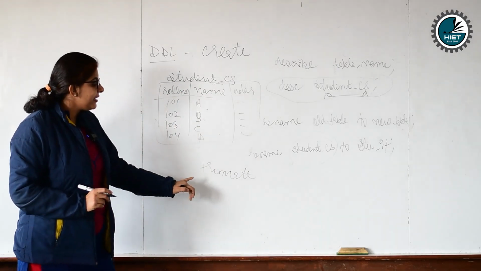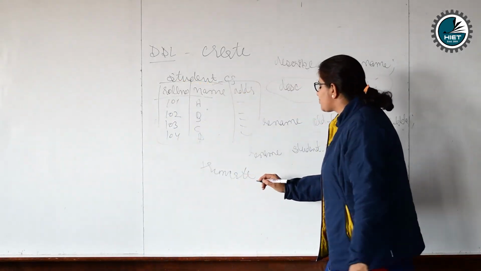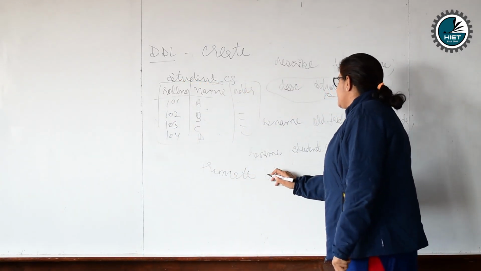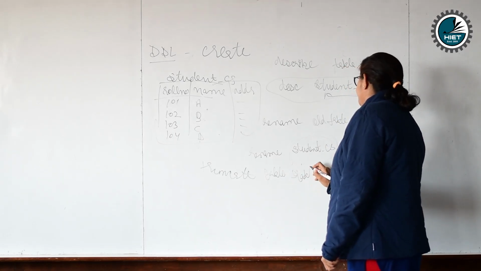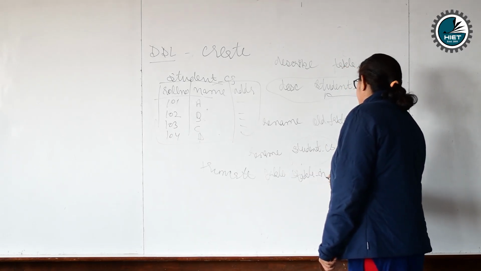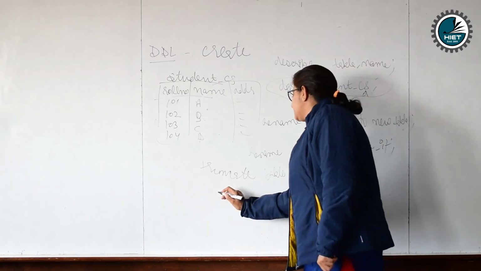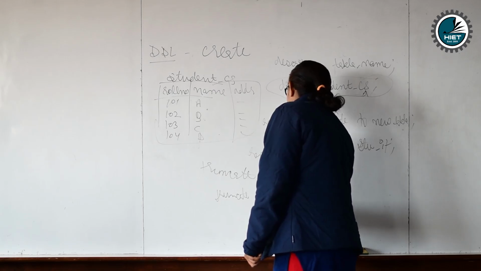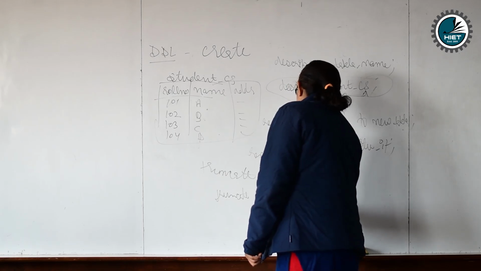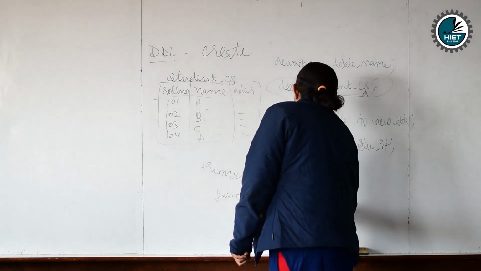The syntax for truncate is truncate table, table name. So I will write truncate table student underscore CS, semicolon.